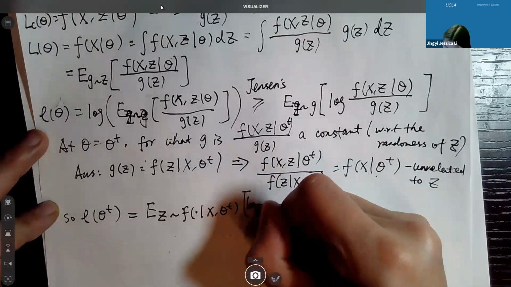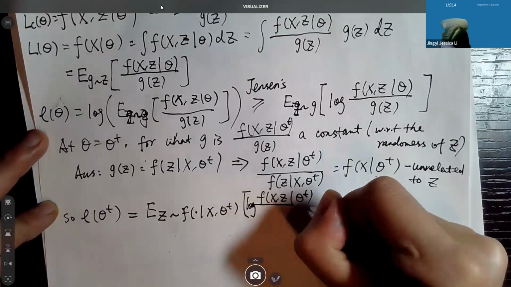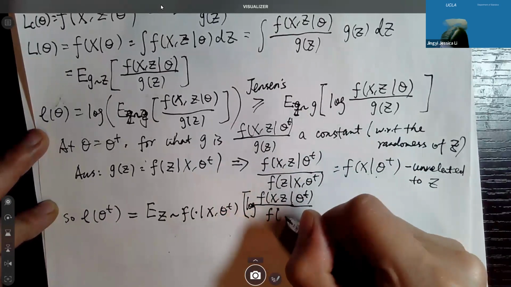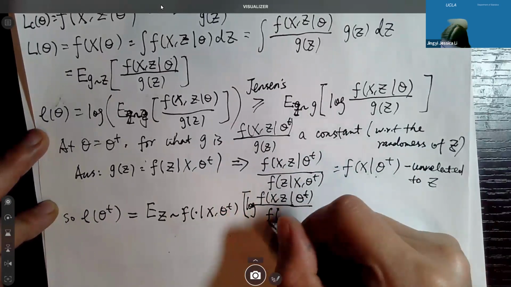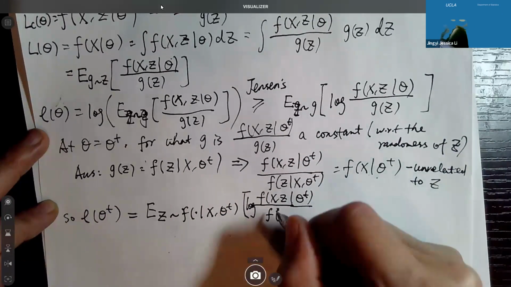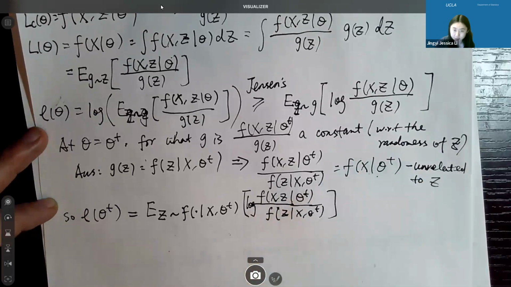On the right, I have the log of f(x,z) given theta t divided by f, and that gives me z given x and theta t. That's it.